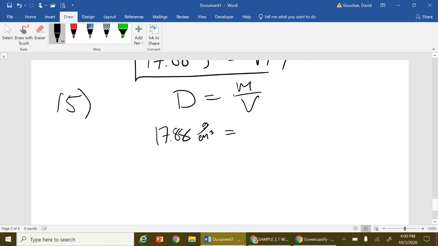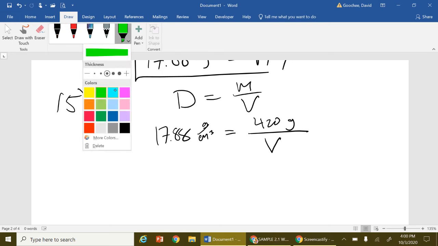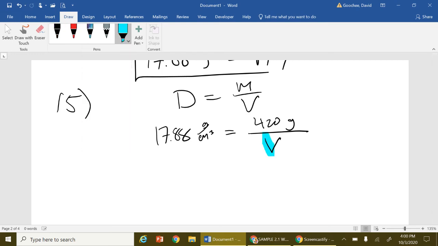We know the mass. The mass is 420 grams. What we don't know is the volume. Now, guys, listen. We are going to be solving for a variable on the bottom of a fraction, and that is far and away the most common mistake that people make. People just forget how to solve for the denominator in a fraction.